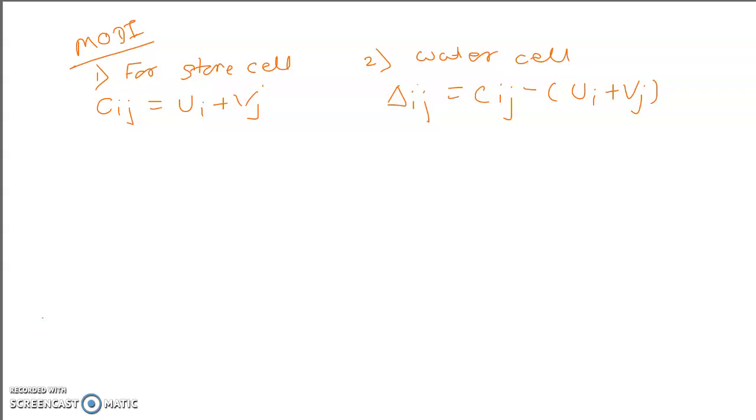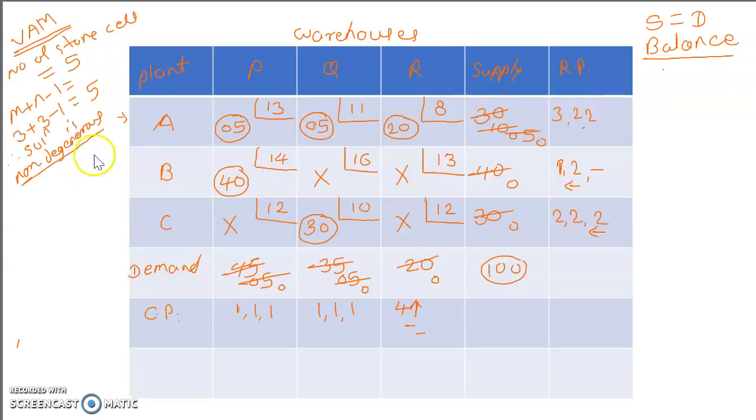Right now, for this matrix, the number of rows is 3. So put here Ui: U1, U2, U3. And Vj: V1, V2 and V3.